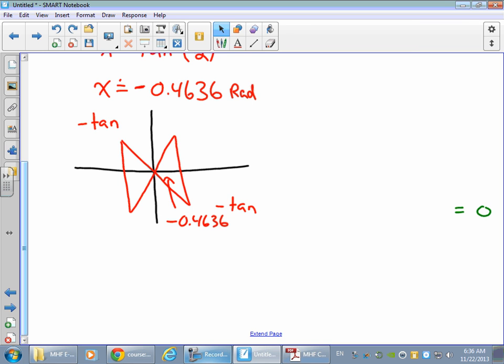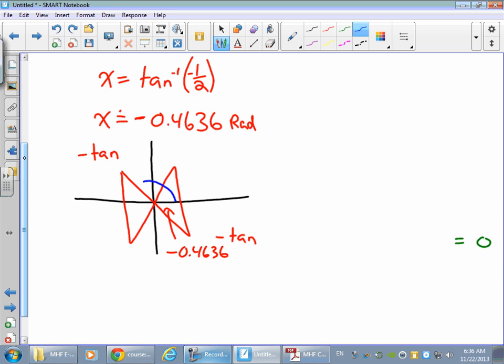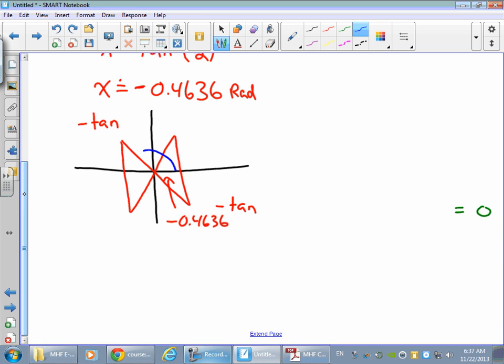And so what I'm really looking for is where are the 2 angles in the interval 0 to 2 pi? So coming around this way, where are the 2 angles to give me that same value of negative 1/2? The first one occurs in this quadrant. The second one occurs down here.